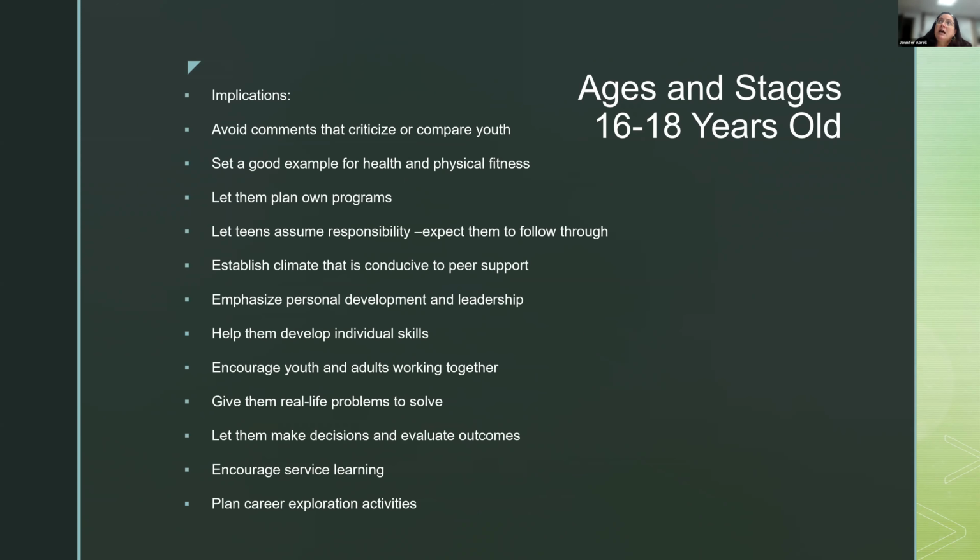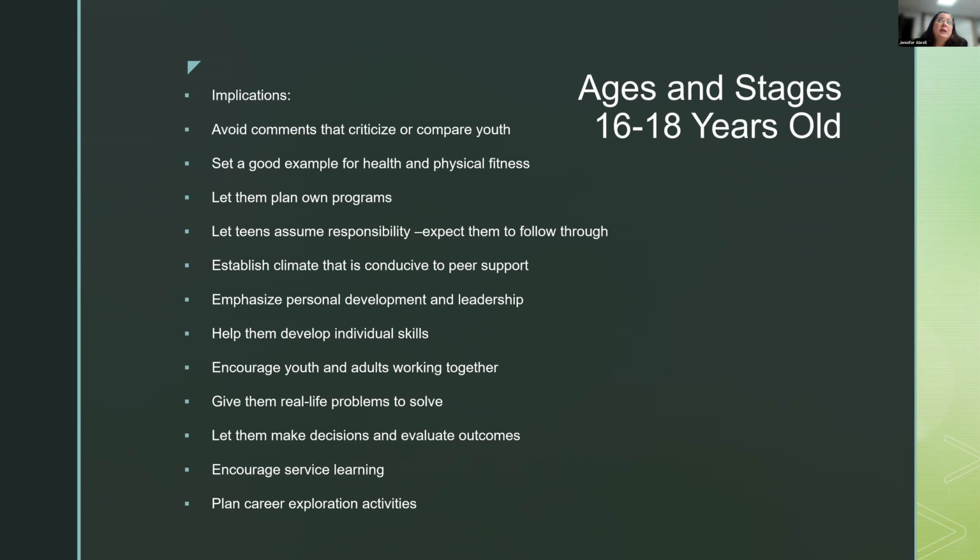So what does that mean to us as leaders? What kind of implications does that have? Again, we're trying to avoid comments that might criticize or compare the youth. We want to set a good example. I like this one because it mentioned that they tend to push away goals set by somebody else or want to do their own thing, but even as 16 to 18-year-olds, they're still looking to us to see what we're doing.